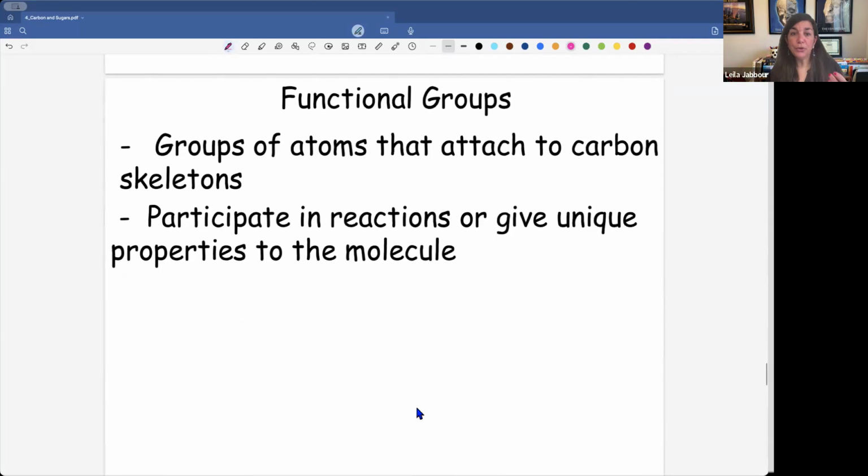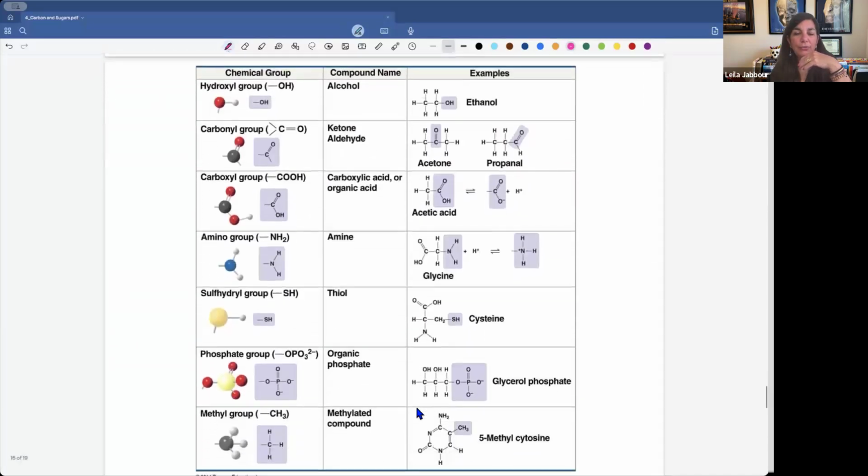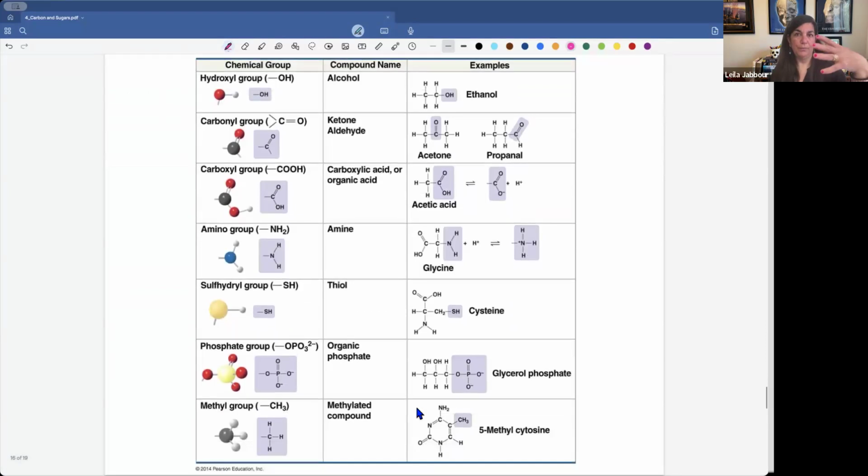So functional groups are groups of atoms that attach to the carbon skeleton, and they participate in the reactions or give a unique property to the molecule. And that's basically what helps make this variety of different molecules. And this is a list of functional groups. So for a biology course, you have to know those groups, because this really comes up throughout biology.